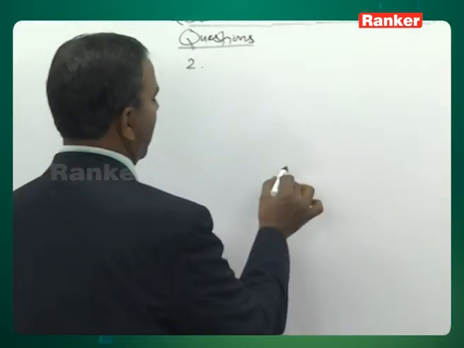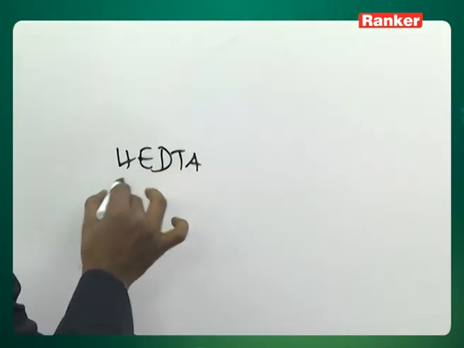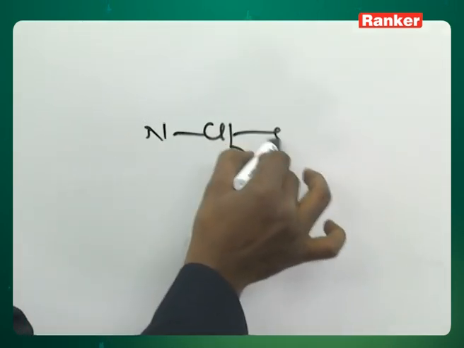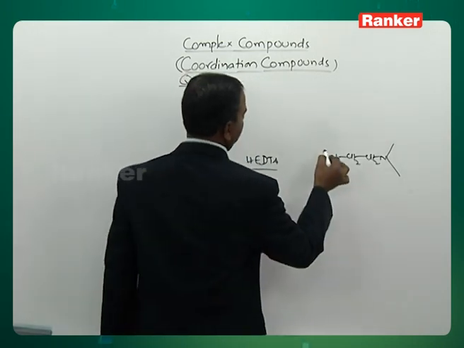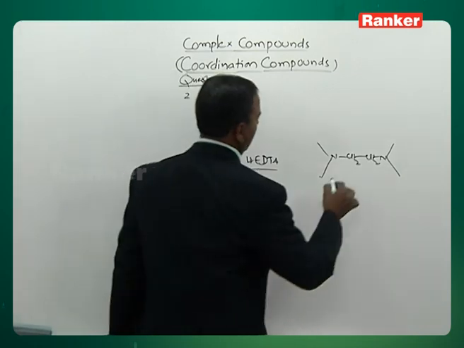HEDTA is the structure of this particular ligand. Out of 4 acetate groups, 3 acetate groups are there, and 1 is hydrogen.